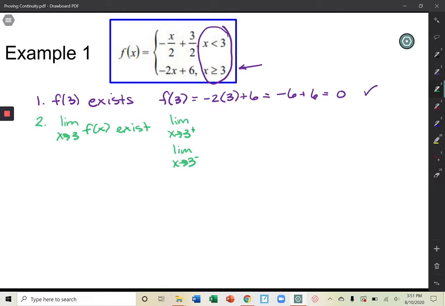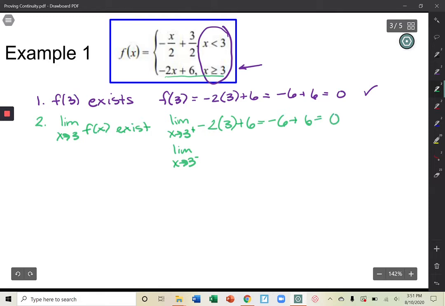Again, like I did above, I'm going to determine which piece of the function I need to use. So when x is approaching 3 from numbers above it, that again is this lower function. That is x greater than or equal to 3. So I'm going to evaluate negative 2 times 3 plus 6. And by writing out that equation, I'm demonstrating that I know which piece of the equation I need to use for my right-hand limit.